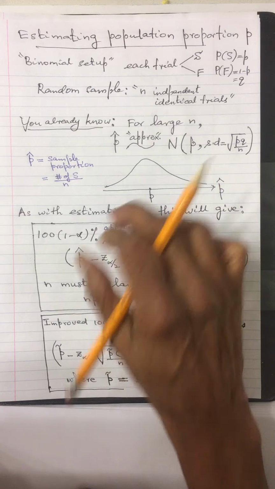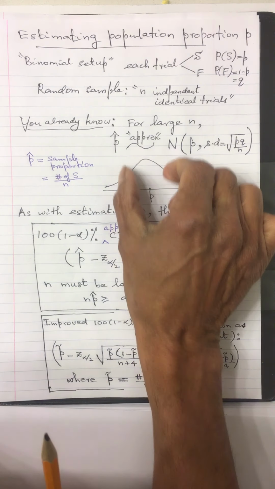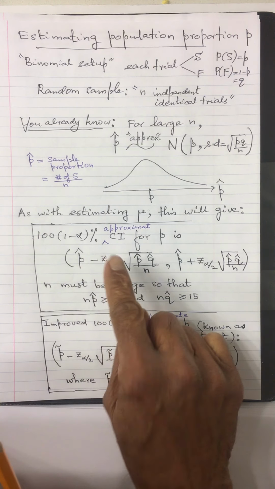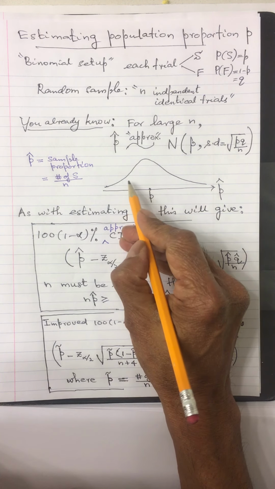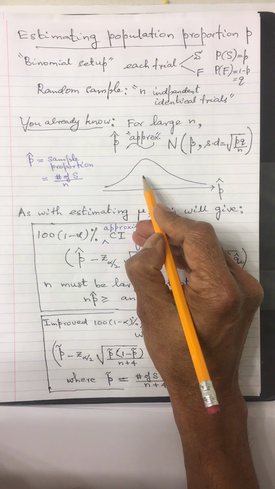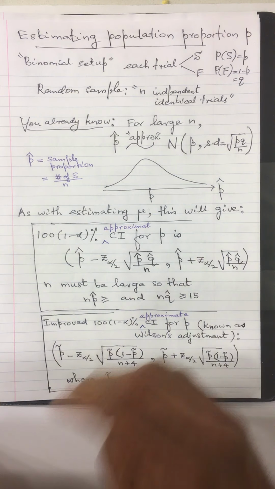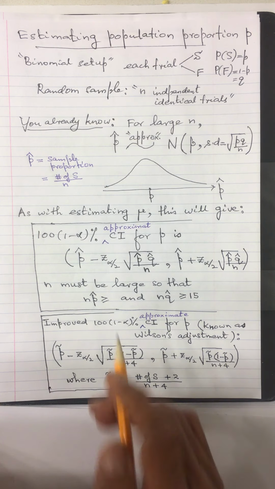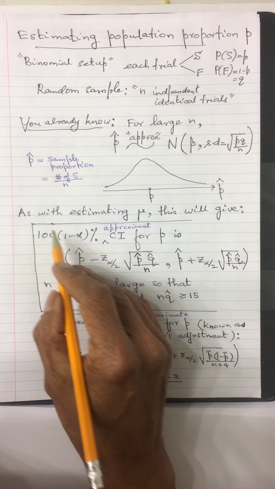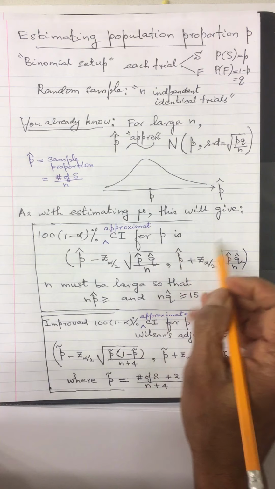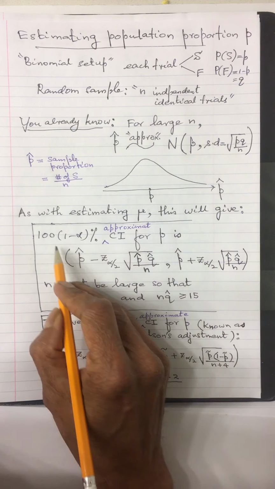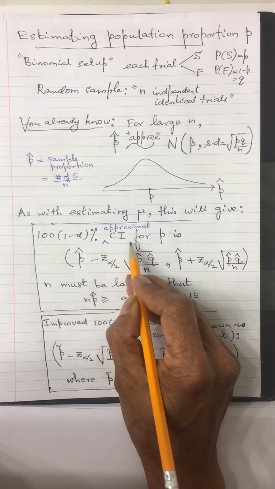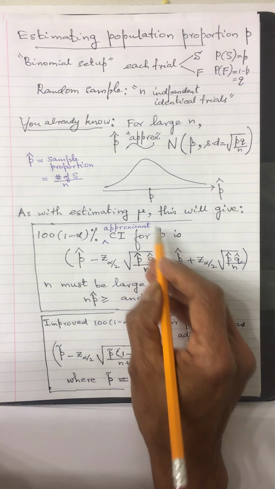I'm not going to show you the derivation, but if you use the same trick, you end up with this confidence interval. From here to here you're looking at 1 minus alpha, and then you do a couple of steps, and that will give you the 100 times 1 minus alpha percent confidence interval for P. It's not for mu, okay?